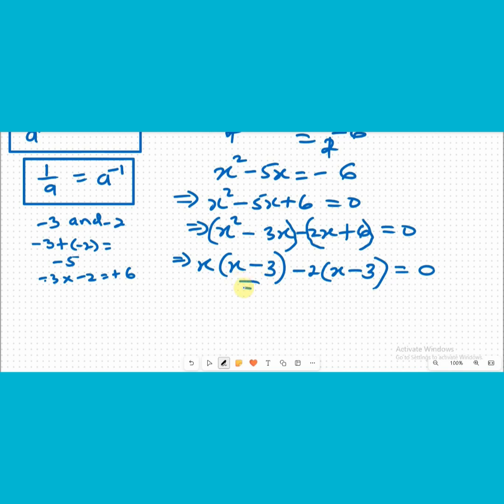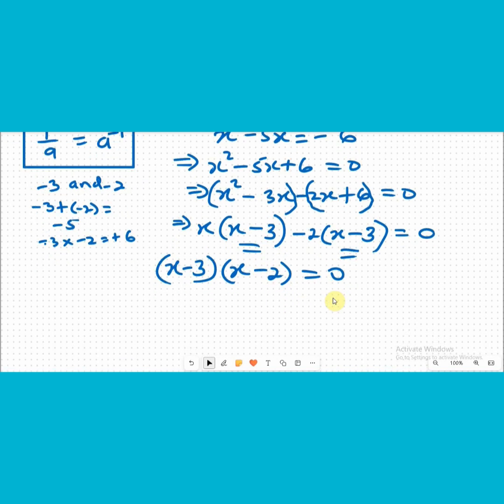You can see this and this are common, so I'm going to pick one. I'll have x minus 3 and x minus 2, and equate them to 0. So x minus 3 is equal to 0, and x minus 2 is equal to 0. To find the value of x, I make it the subject of the formula.